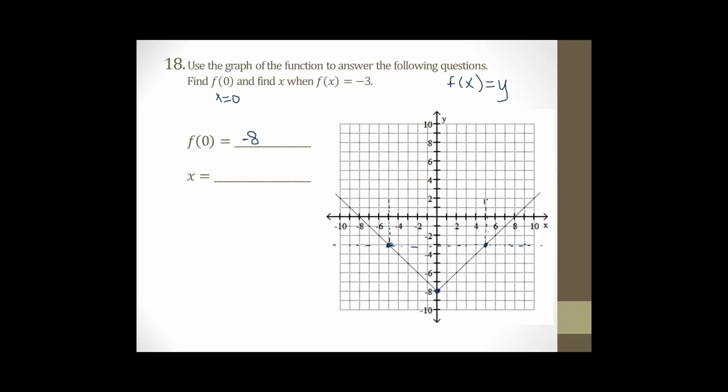So this actually gives you two different x values. So when f of x is -3, x is -5, and x is +5. So we can see that here and here, because that's where our y values cross the graph.